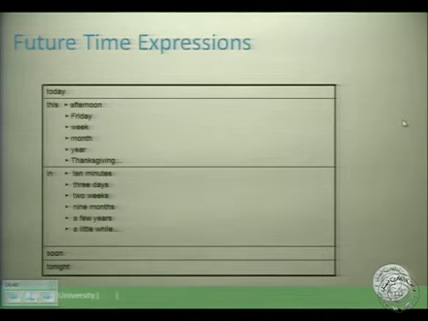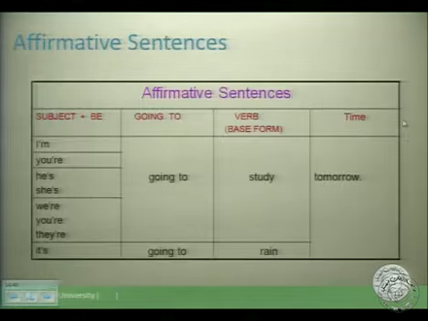So all of these expressions are also used with the future time. Sometimes, soon I'll be a teacher. Soon I'll be an engineer. Tonight I am meeting my friends. So all of these are signal words which are used with the future time.